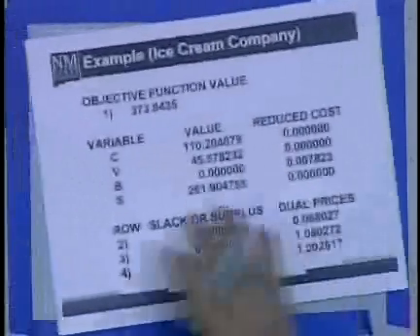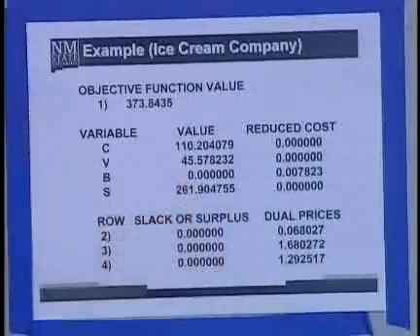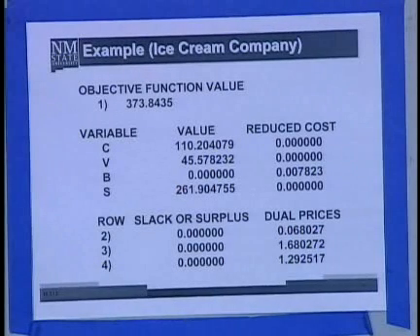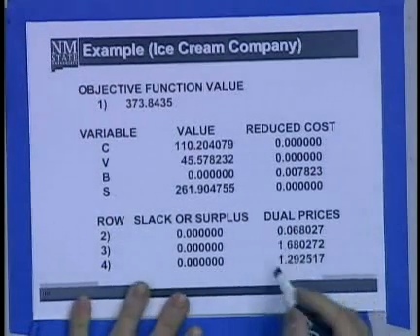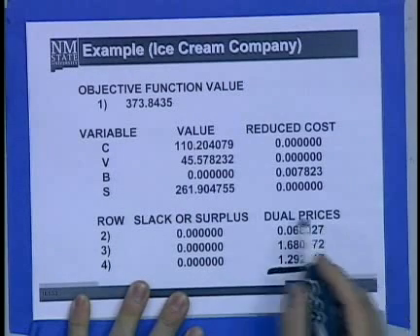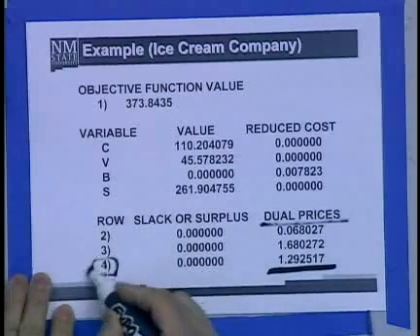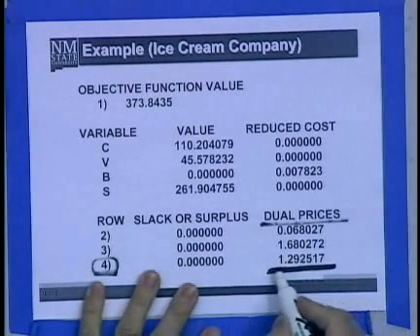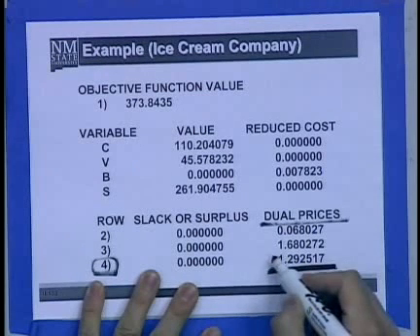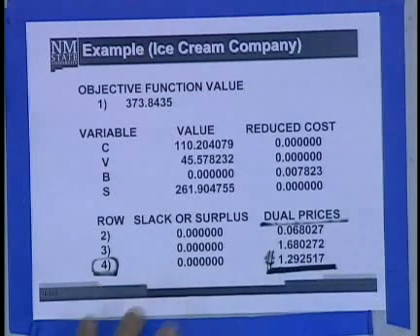And in our example, the optimal solution report provided by Lindo is like this, which means the objective function, that is the profit, will decrease by 1.292517 per unit decrease in cream, right?